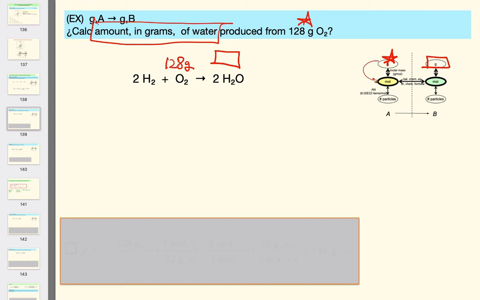Using our map, I'm going to go from grams of oxygen to moles of oxygen. Then I'm going to go from moles of oxygen to moles of water, and then from moles of water to grams of water in the last step.